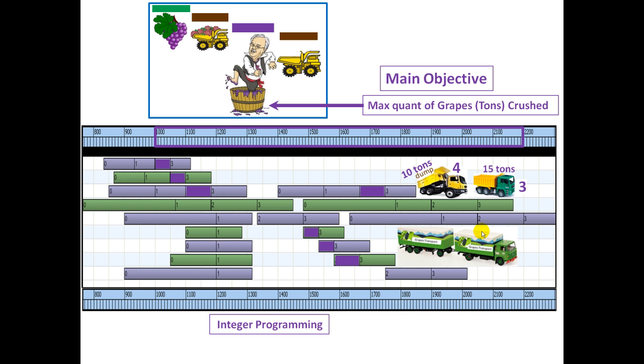And finally, the integer programming model tells you that there are going to be 5 activities performed by this big truck, which are 1, 2, 3, 4, and 5. It allows you to load 30 tons. That's why this activity is much bigger than the other ones.